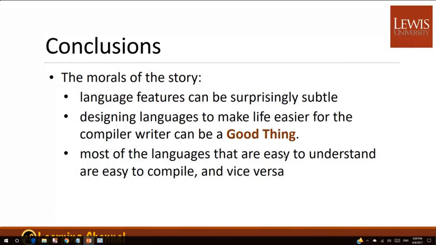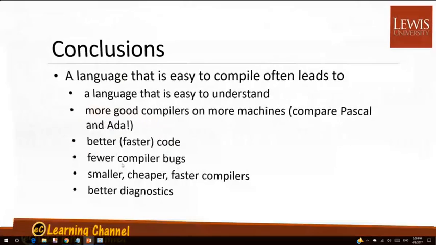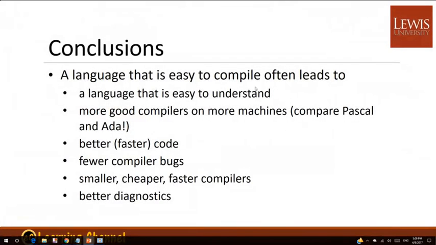If it is easy to compile, it is easy to understand. Conclusion: a language that is easy to compile often leads to a language that's easier to understand. Good compiler: on more machines, more supported, better code, fewer compiler bugs, smaller, cheaper, faster compiler, and better diagnostics. So that's why we spend so much time on this name, binding, and scope.